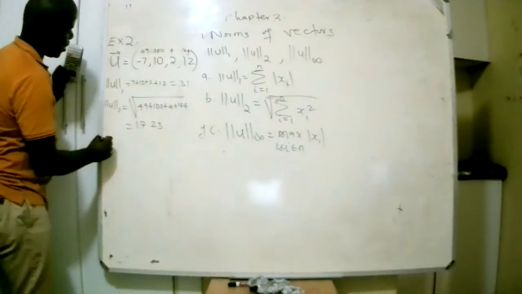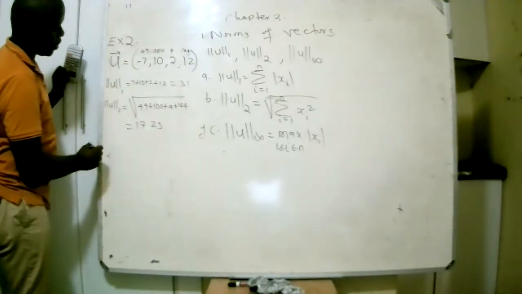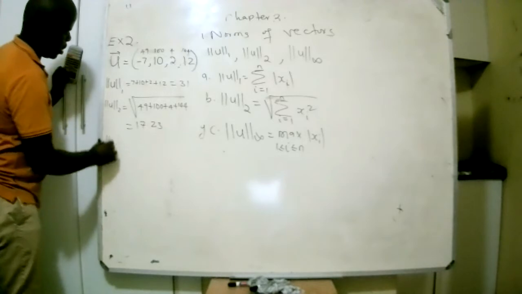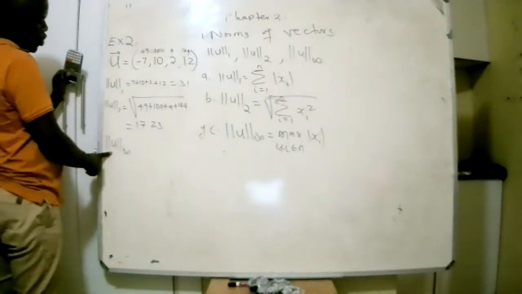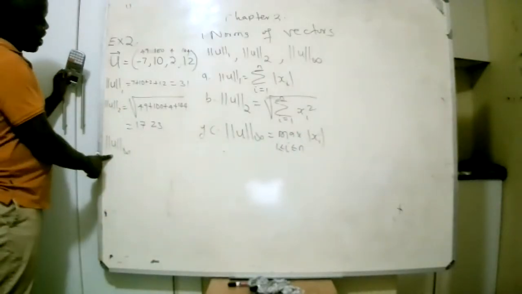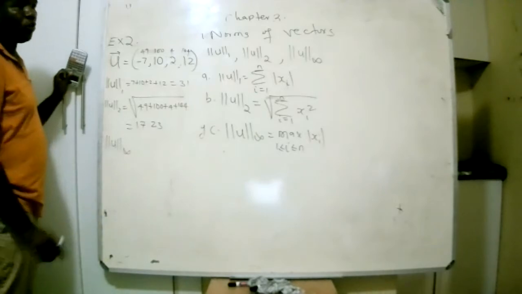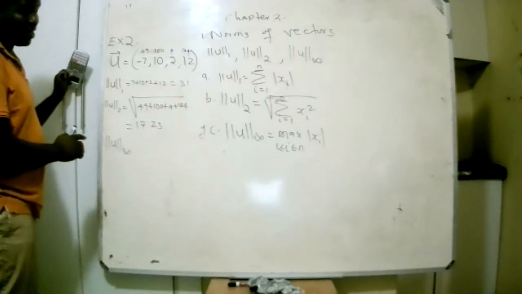So now, after having 2 norm, we can then have infinity norm. We don't have 3 norm, we don't have 4 norm. The last one is 2 norm. And then after 2 norm, we have infinity norm. And then after infinity norm, we have Frobenius norm, which we are not covering in this case.